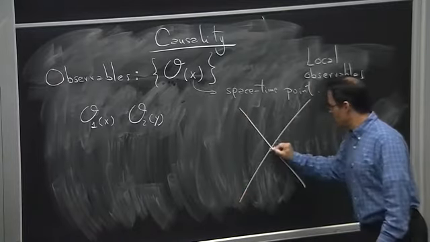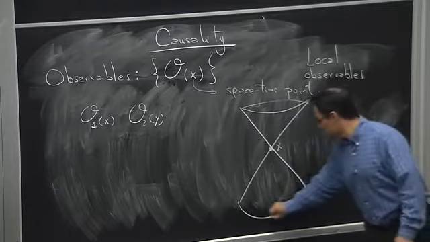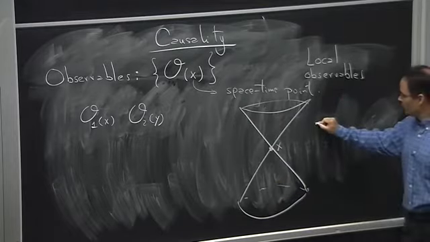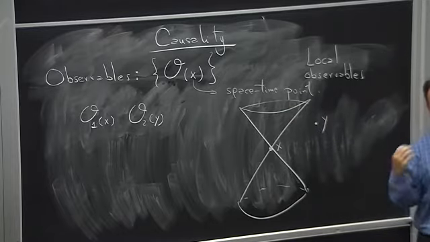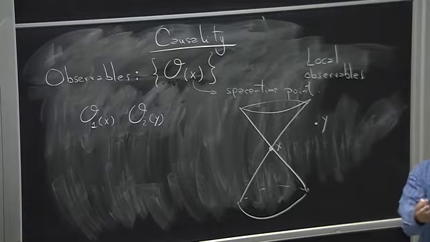So imagine that we have the point X here. This is the light cone. Imagine that Y is somewhere here, okay? So if these two operators are observable, it means that we should be able to diagonalize them simultaneously. It means that we can measure them simultaneously, right?